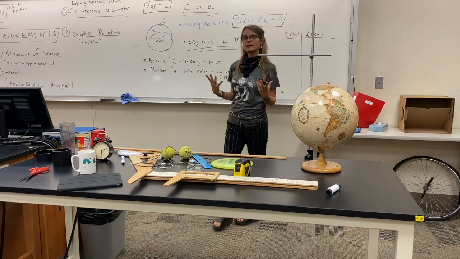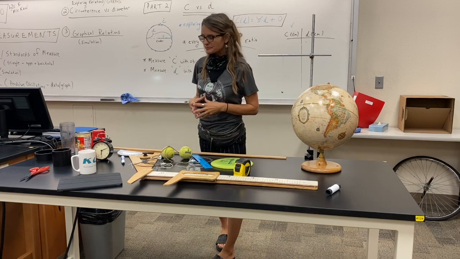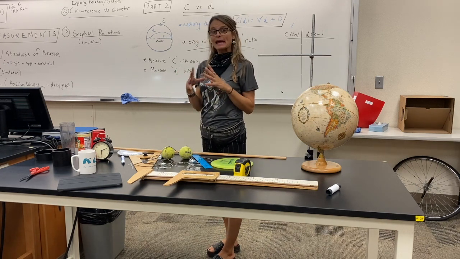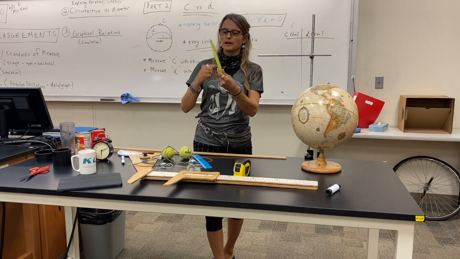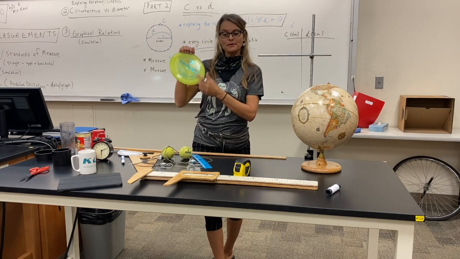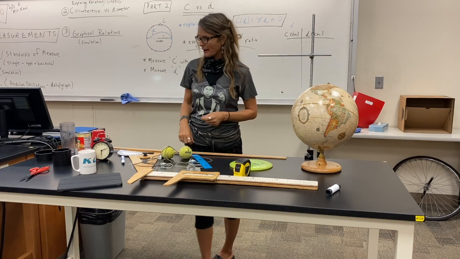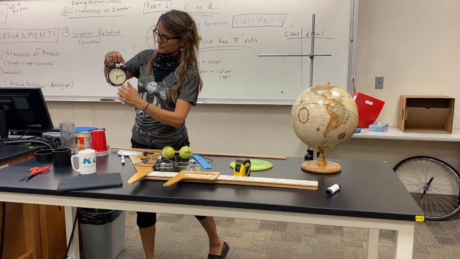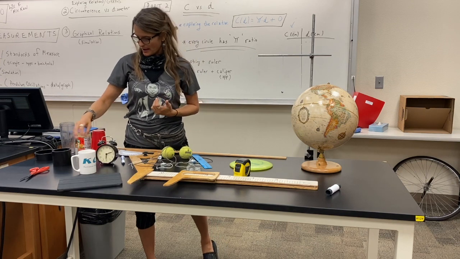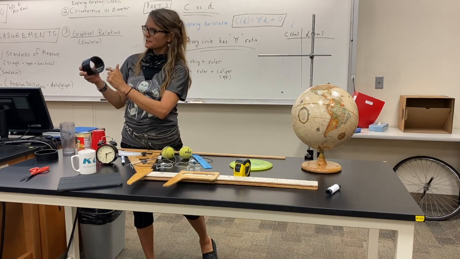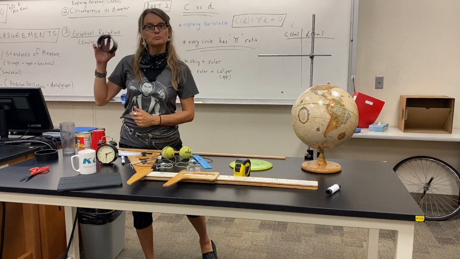The nice thing about pi is that for any circle you take, any circumference divided by diameter gives you this magical number pi.